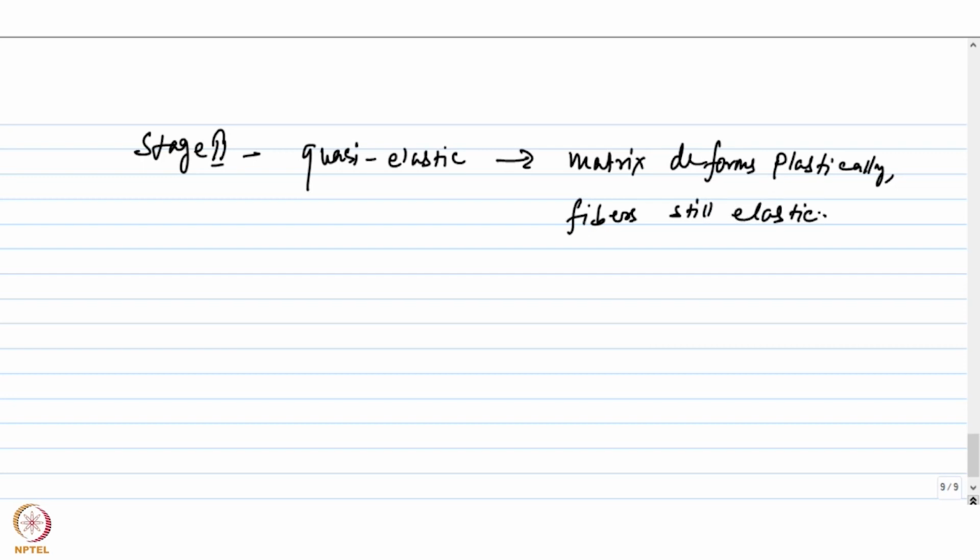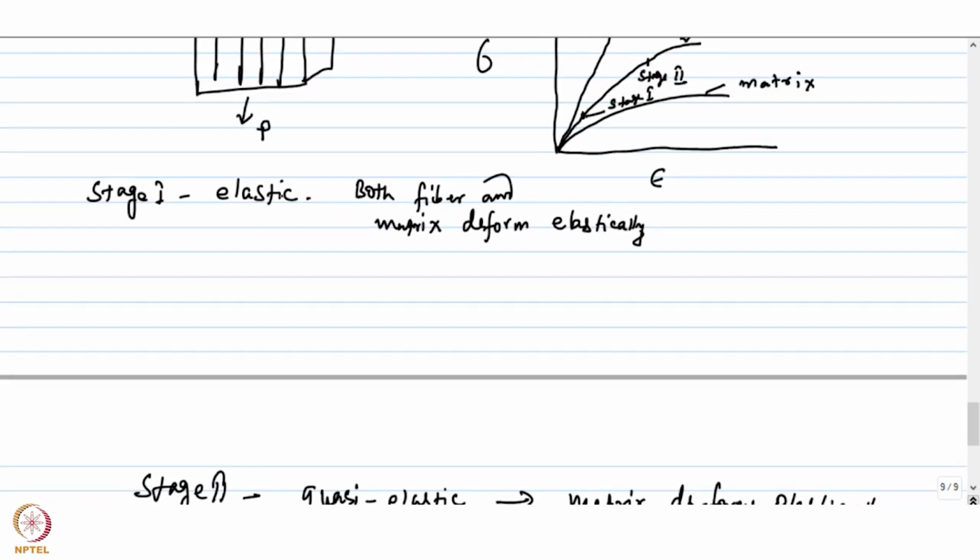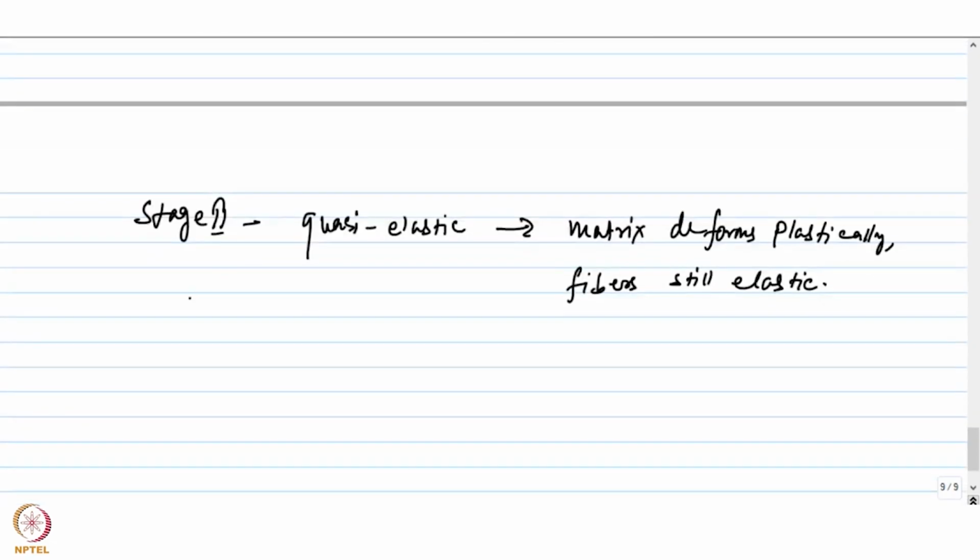So while in stage one, the elastic modulus can be obtained by the rule of mixture because both are in the elastic limit, here the matrix has gone into the plastic deformation stage and the fibers are still elastic, right?